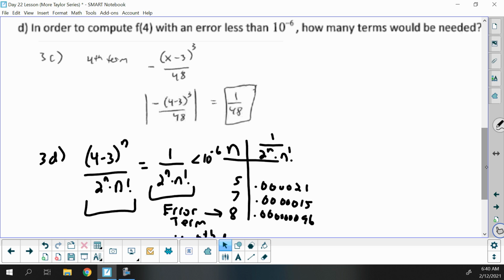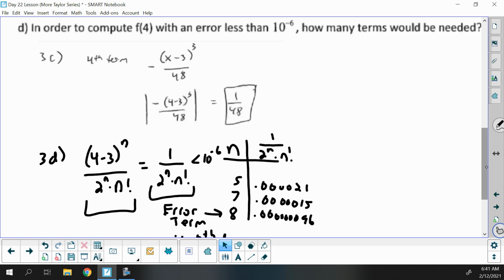Put your x's in for your n's and do a control T. We're looking for the first one that is less than 10 to the -6. That's the same as having point, then 5 zeros, and a 1. So 7 is still a little bit bigger, so 8's the first one that does that.